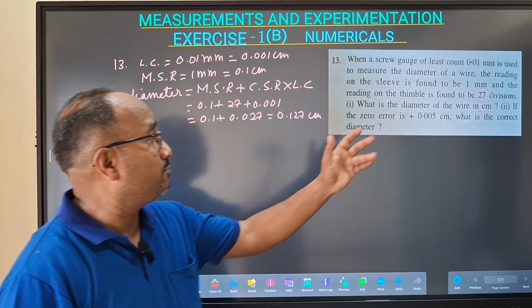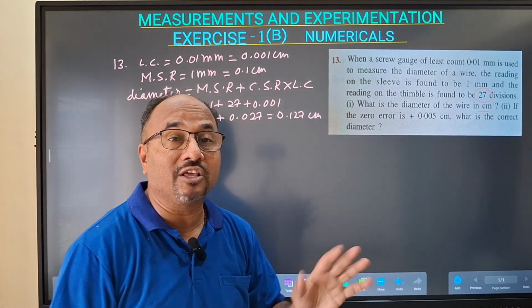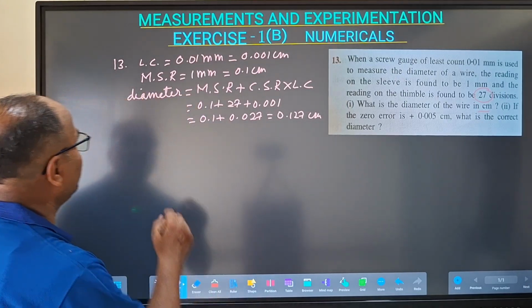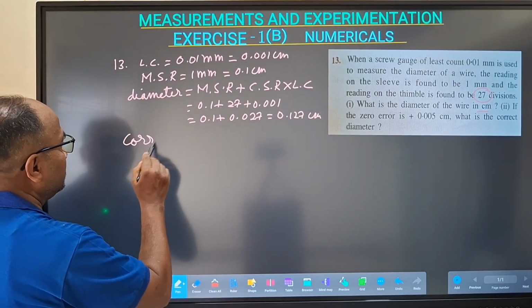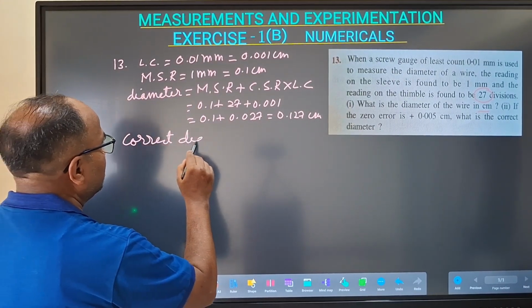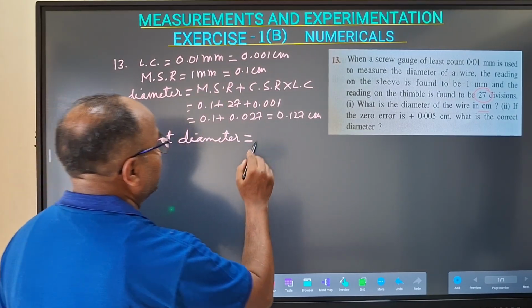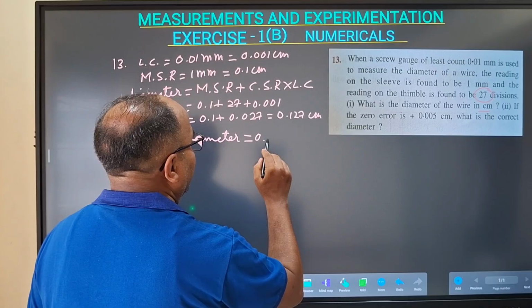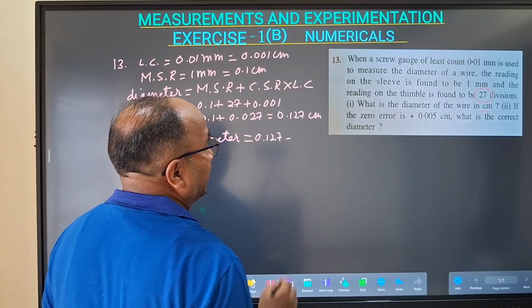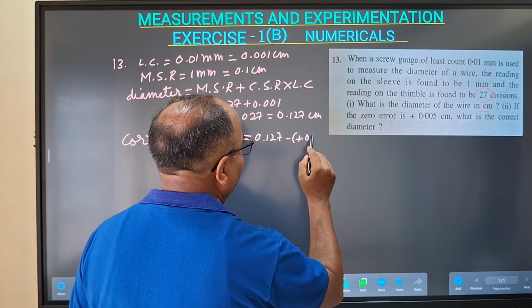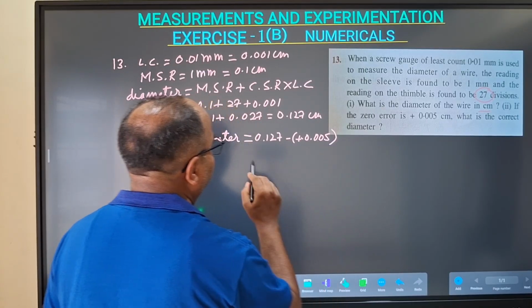But then in the second part, it is told that it has a zero error of plus 0.005. So now we go to find the correct diameter. So correct diameter will be what we got here as the observed diameter minus the zero error with the sign, that is plus 0.005.